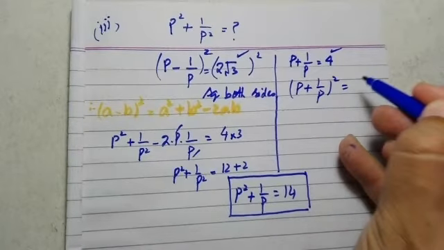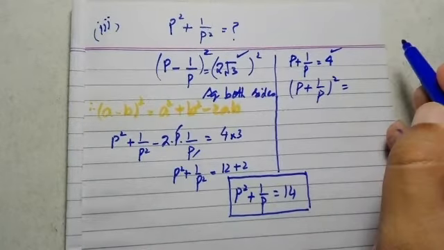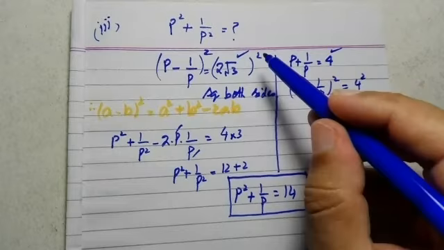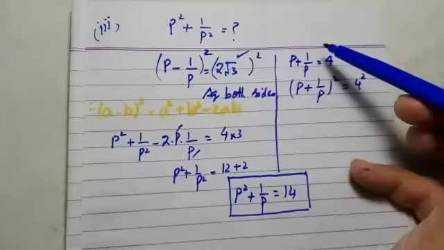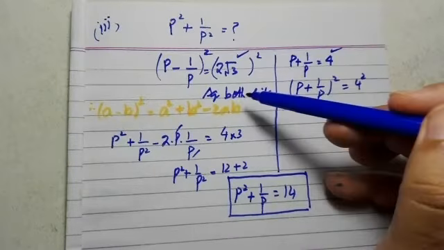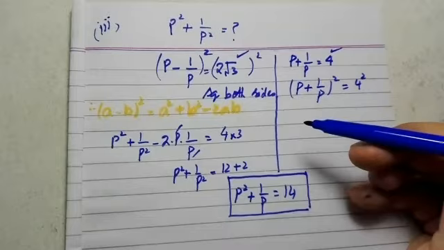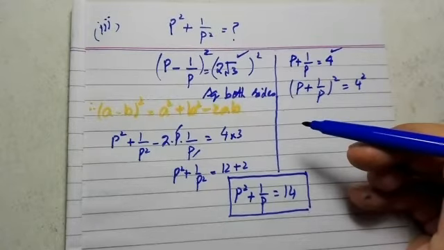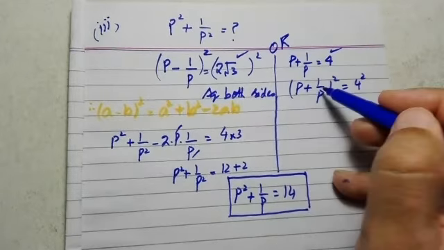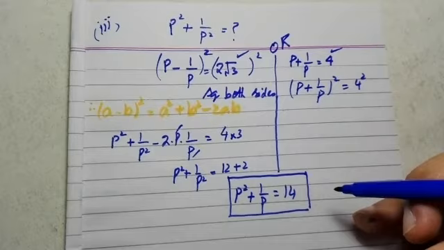So you have to attempt only one way. Either you can use this one or you can use the second one. Not both are required to be performed in the same question. Only one can be used. One of them will be used.